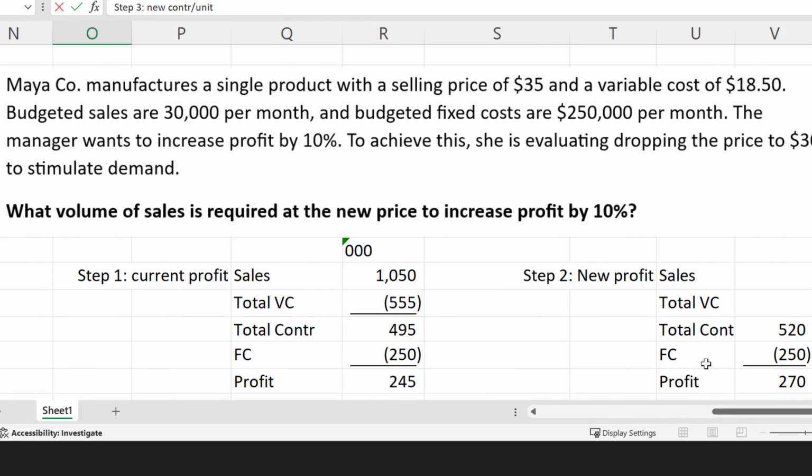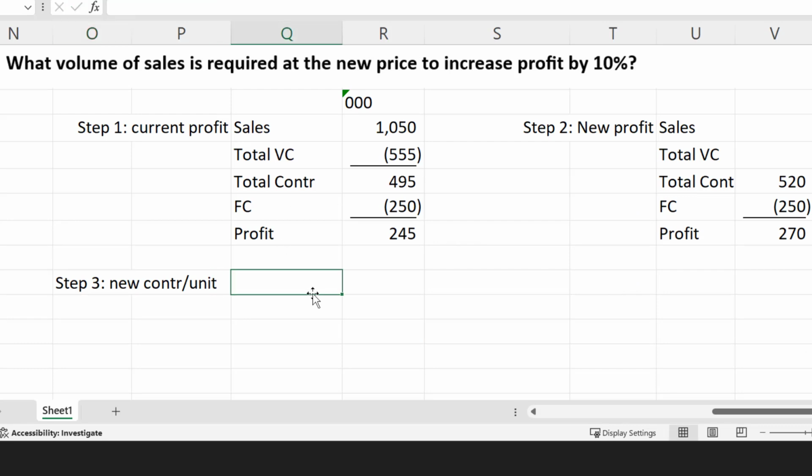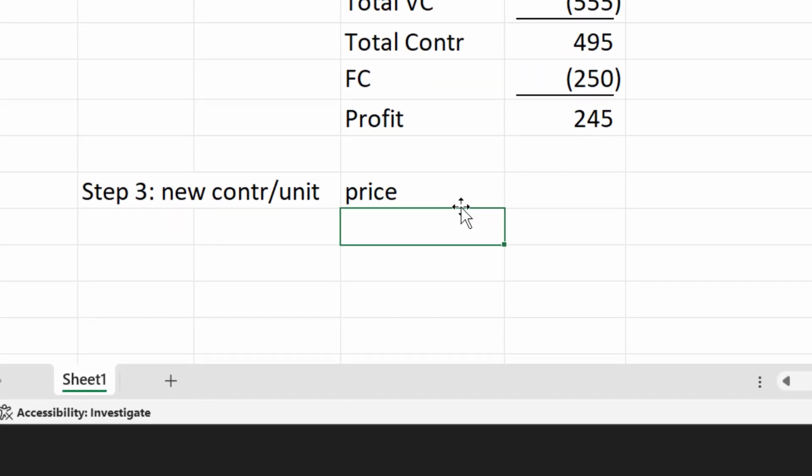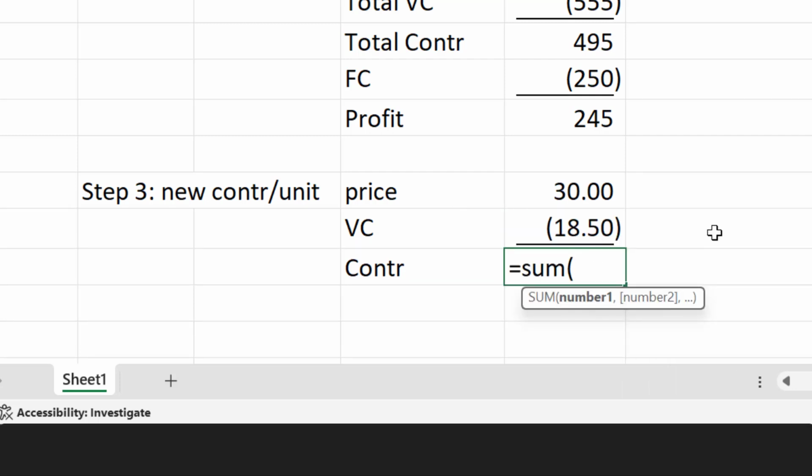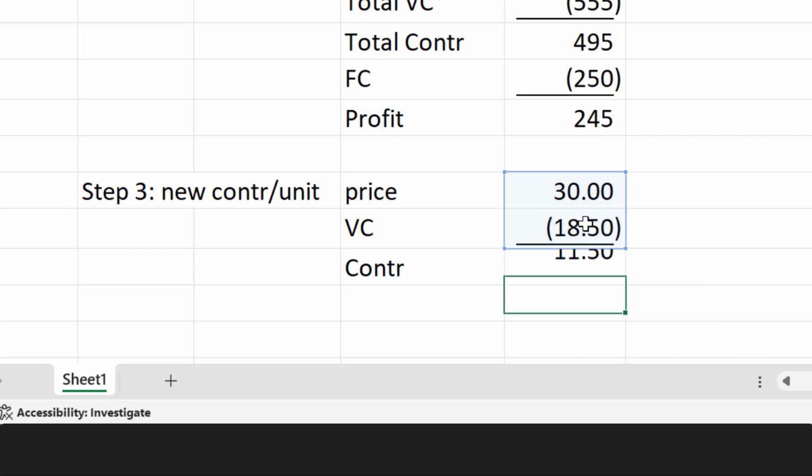Variable cost will stay the same. So the new price, the variable cost per unit, then we get a contribution per unit. So the price will be equal to $30. Contribution, variable cost will be 18.50. It didn't change. So our contribution per unit, 11.5.